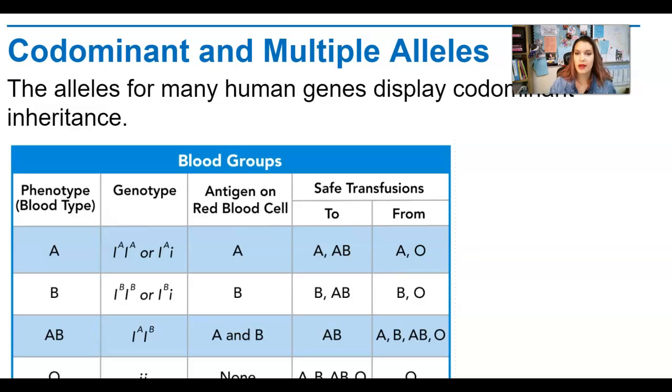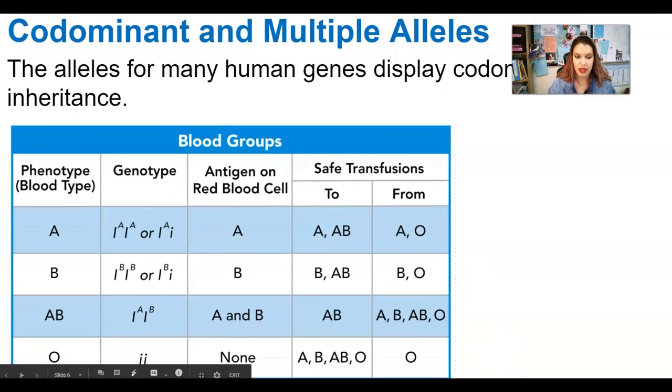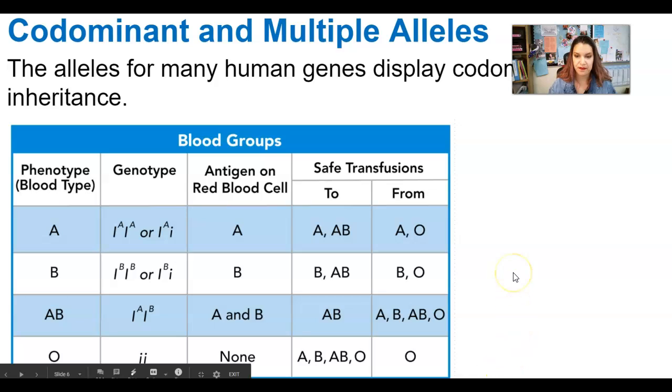Okay. Codominant and multiple alleles. The alleles for many human genes display codominant inheritance. The phenotype of blood is the example that the book uses to show us codominance or multiple alleles.